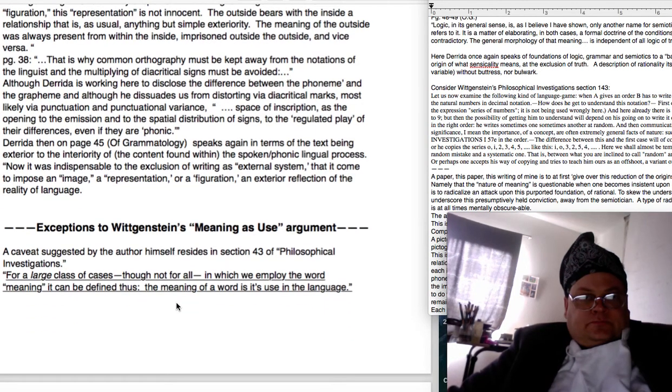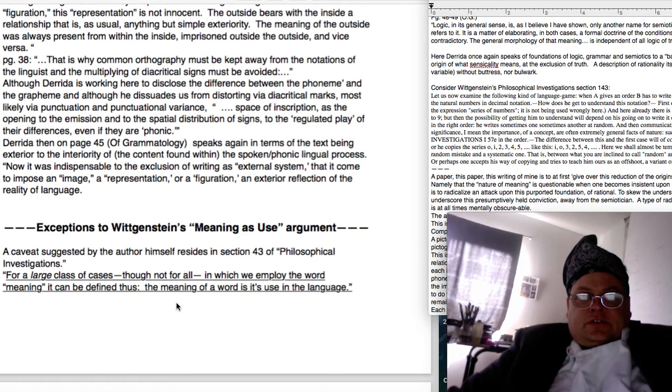Page 38, quote, "That is why common orthography must be kept away from the notions of the linguist, and the multiplying of diacritical signs must be avoided." End quote.